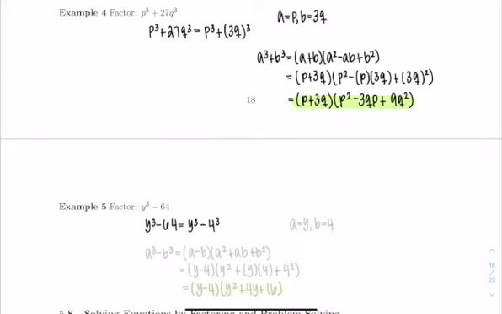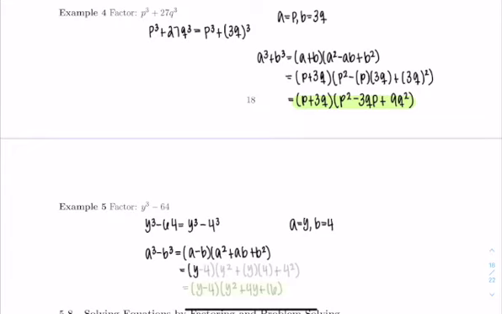This is a difference of cubes. So we have a cubed minus b cubed is going to be a minus b times a squared plus ab plus b squared. In our case, our a is y and our b is 4.